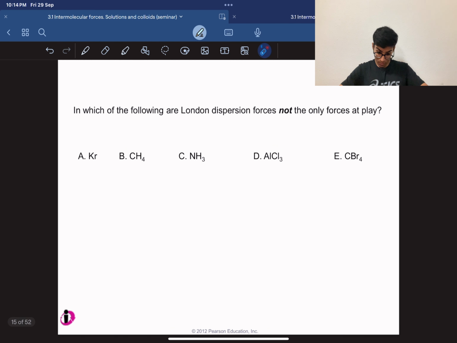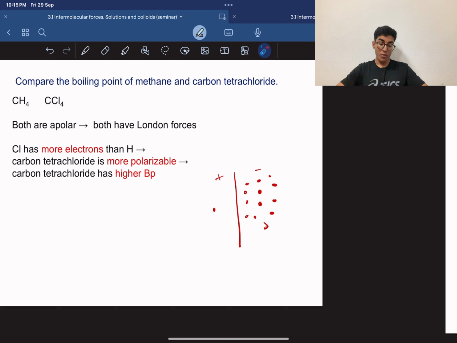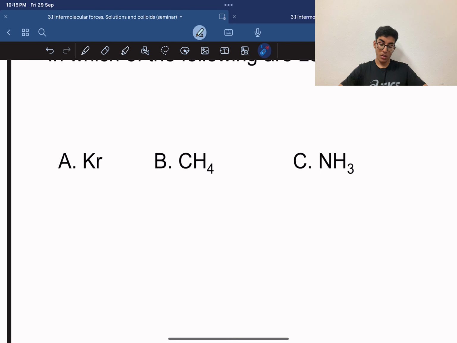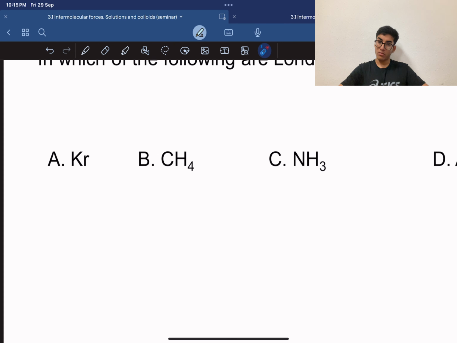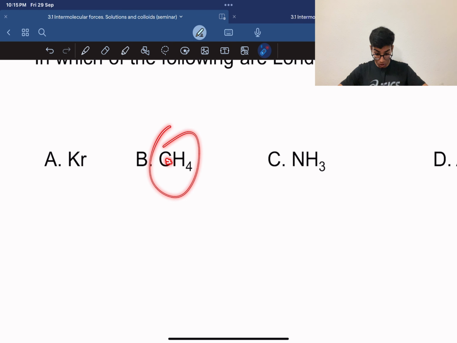Simple. In which of the following are London dispersion forces not the only forces at play? Over here, there's nothing. London dispersion. Over here, non-polar covalent. So it has London dispersion.